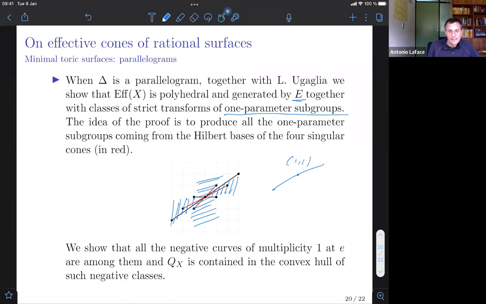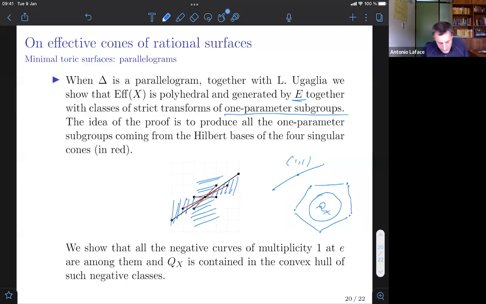Some of them are negative curves, and we show that these are all the negative curves on the surface. In this way we can show that if we look at the classes of these curves, then the convex hull contains the light cone. And it is not difficult to prove that whenever you have finitely many irreducible negative curves such that the convex cone spanned by them contains Q of X, then this convex cone is the effective cone.